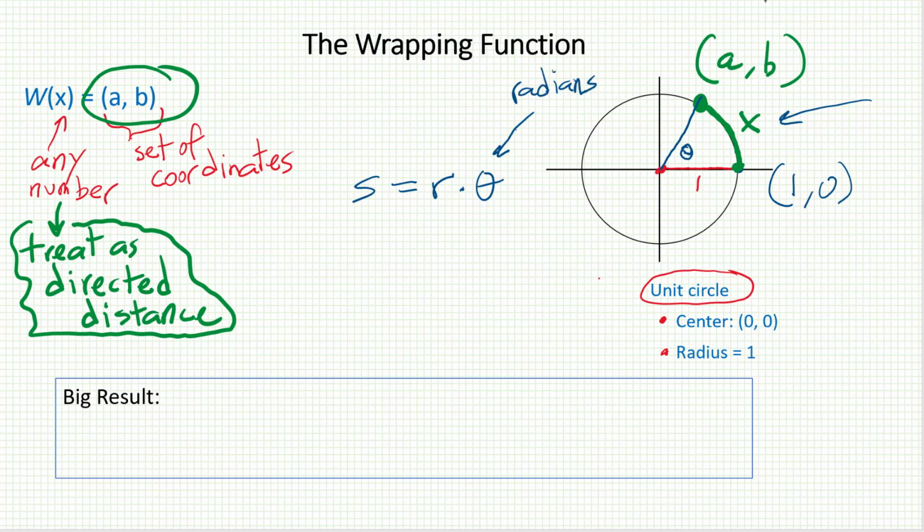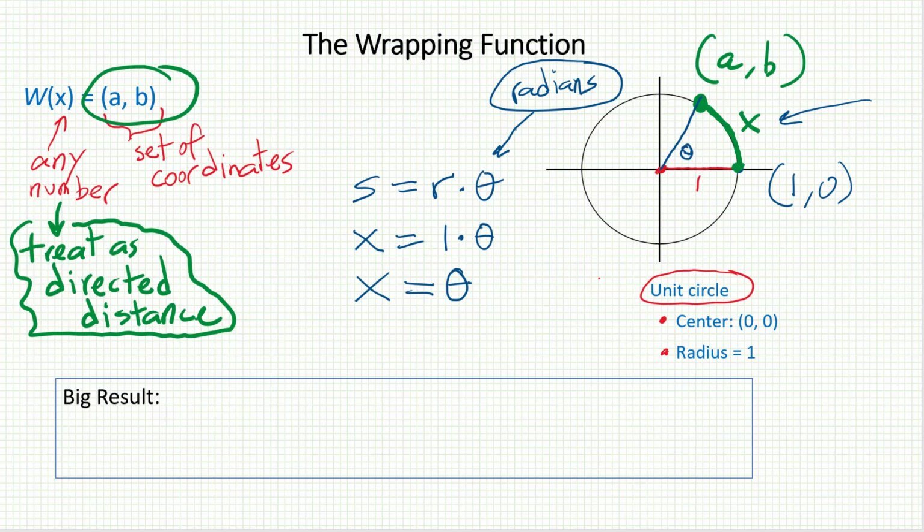Well, in our picture, the arc length is called x, the radius of the unit circle is 1, and our central angle is theta. When you simplify here, what you learn is that the x, the distance, is equal to the theta, the central angle, as long as theta is measured in radians.